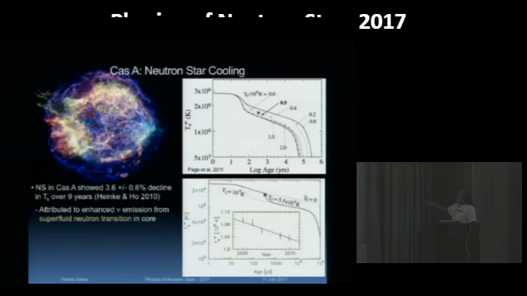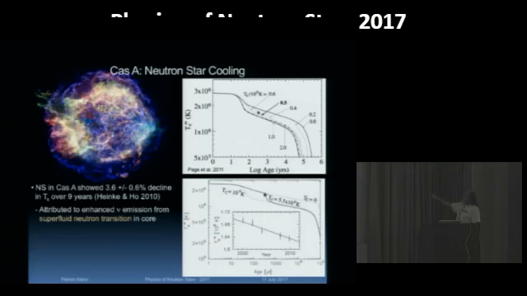This one by Page et al. invokes neutrino emission from the onset of a superfluid neutron fluid in the very core. And for different values of the critical temperature, one can get these diversions from the standard cooling to hit a very rapid cooling track.